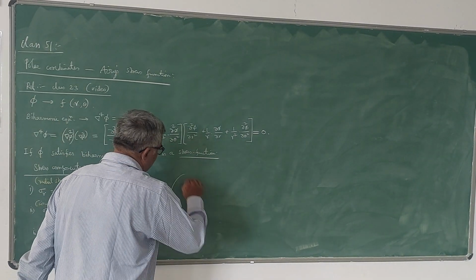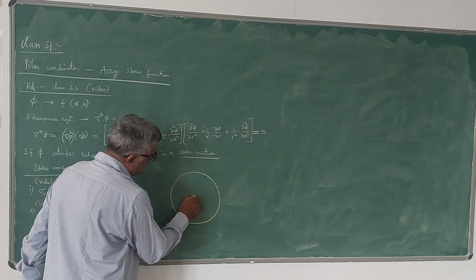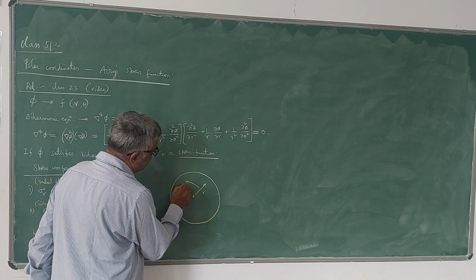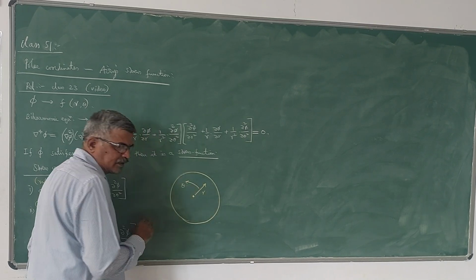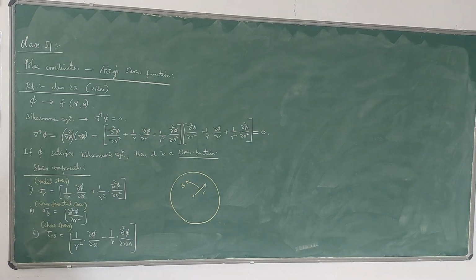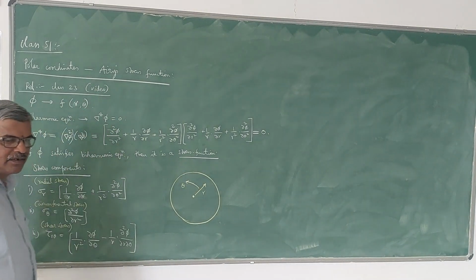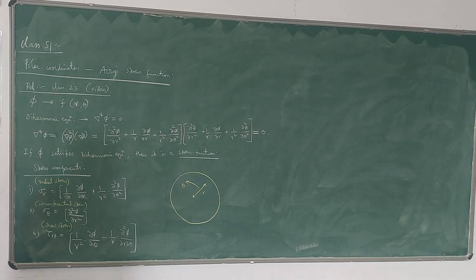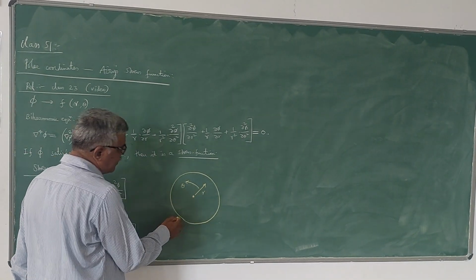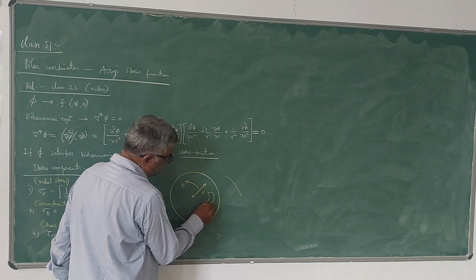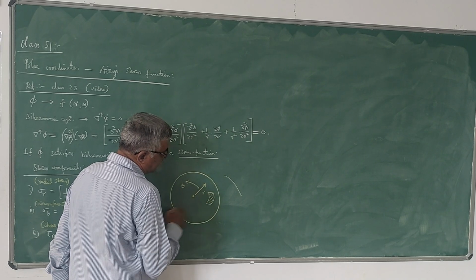For this I have told in an earlier video. If this is the r direction, this will be the theta direction. Radial direction, circumferential direction, and if you take a plane, if you take an element here, this I had explained in another video.